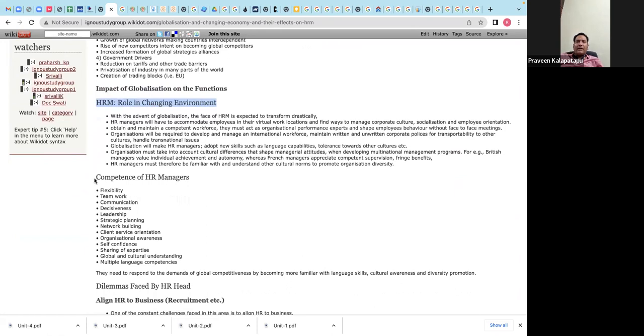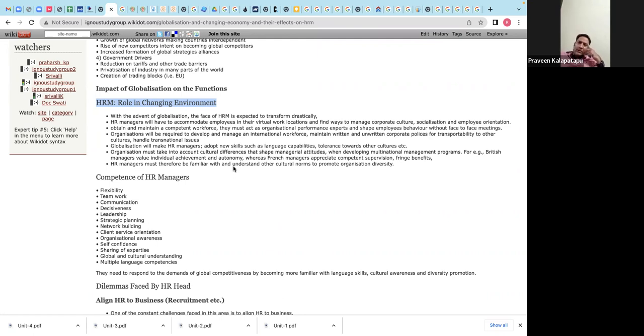Even because of this globalization, there could be certain new structures within HR, right? You might have global HR and those kinds of concepts as well, which might not be there for a non-globalized organization, which they will have to deal with. So now we are going into HRM. What is their role as far as HRM is concerned in the changing environment?